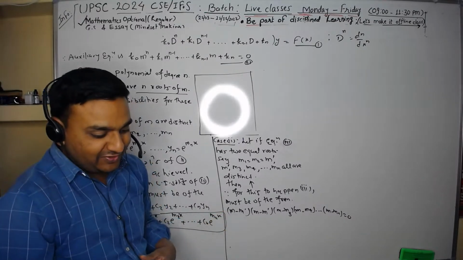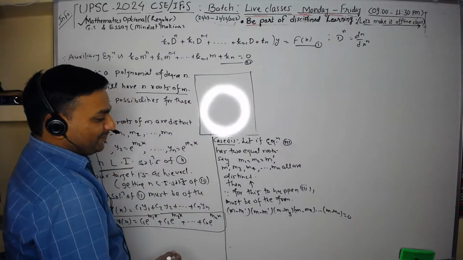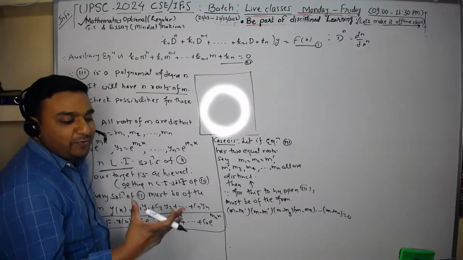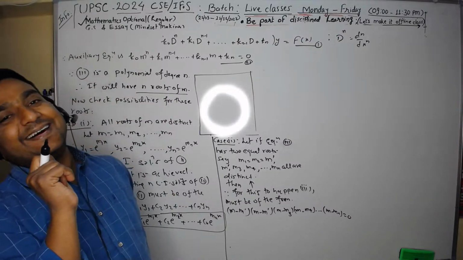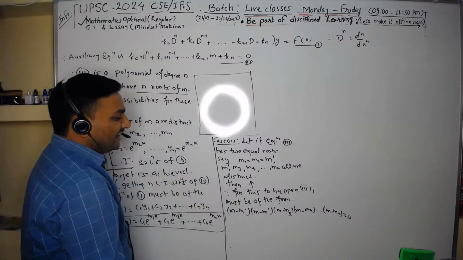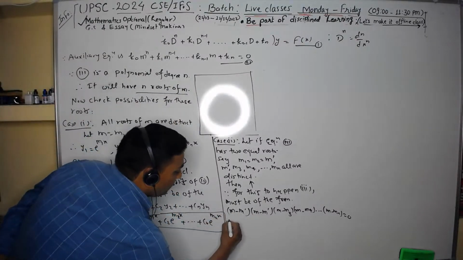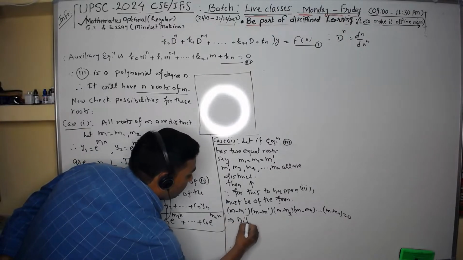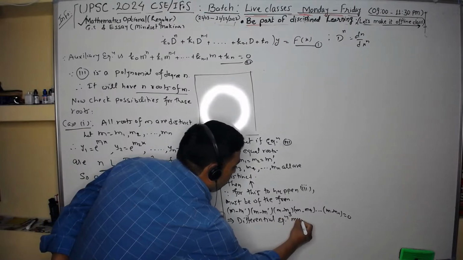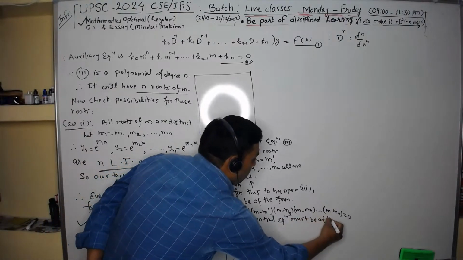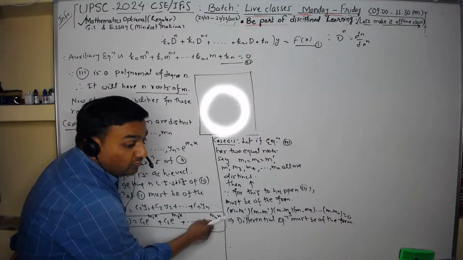Where did your c1 plus c2 e raised to the power x go? c1 plus c2 x. And please think about why you are writing like this. I know the answer, okay? Please be here. This implies the differential equation must be of the form, because how did you get the auxiliary equation?